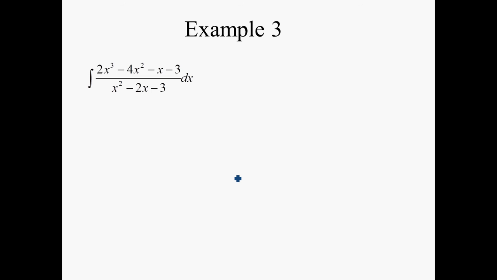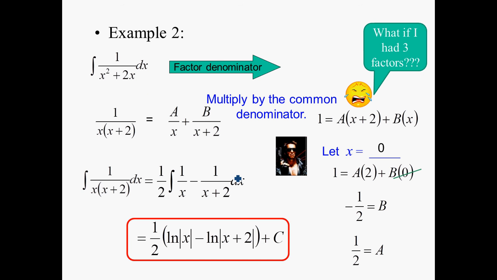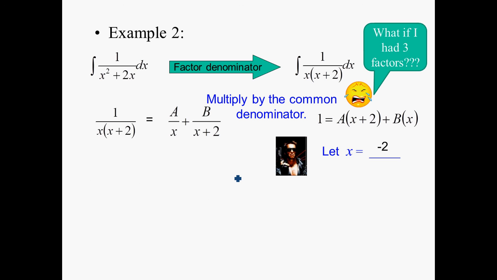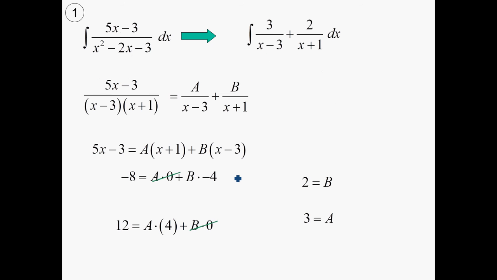Alright. This looks nastier. Wait just a second. I want you to go back. In example 2, what's true about the relationship of the degree of the numerator and the degree of the denominator? How about example 1? Uh-oh, I'm starting to get worried.